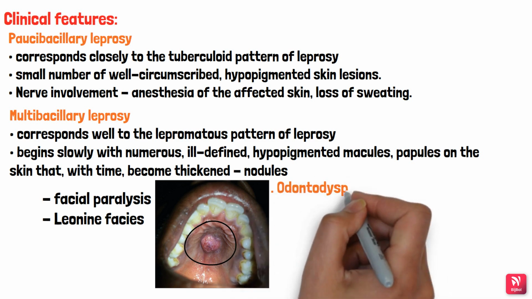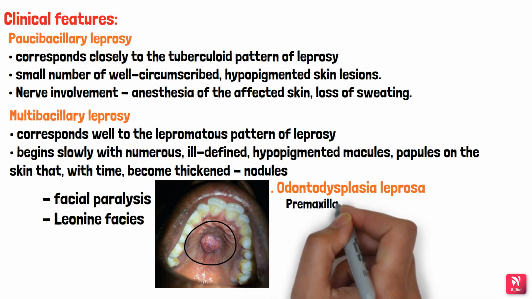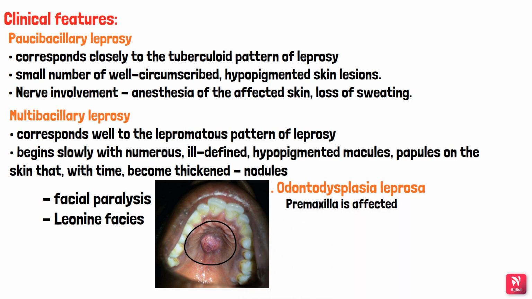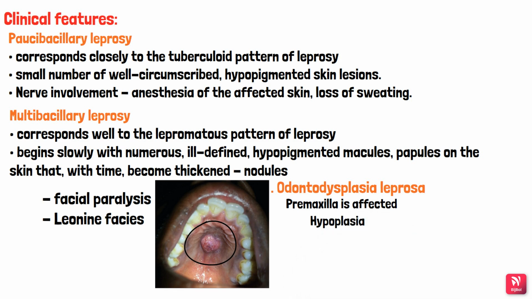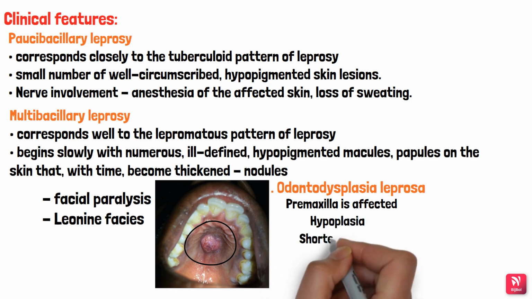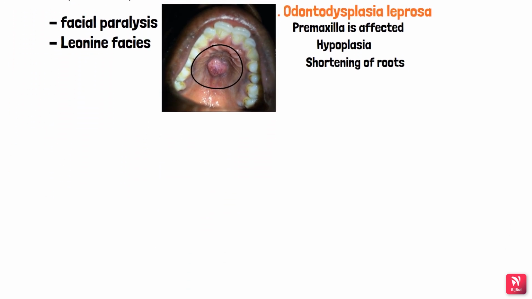And there is a complex called odontodysplasia leprosa, wherein the premaxilla is affected during childhood due to granulomatous involvement, along with circumferential hypoplasia as well as shortening of the roots of the teeth, which can be seen mostly in the maxillary anterior teeth. These are the various clinical features seen in leprosy.